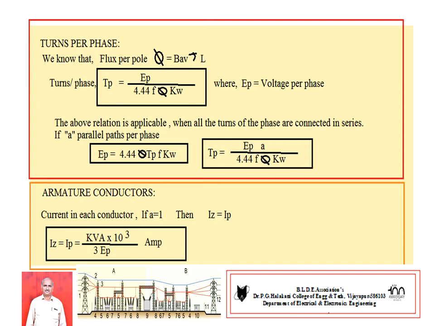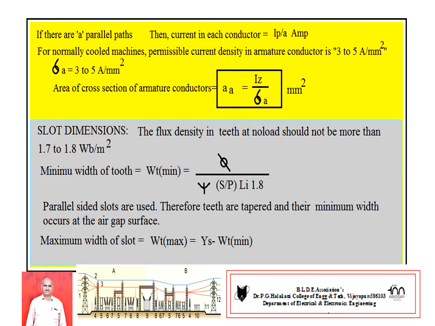Hence we get the phase current. Similarly extend the calculation for number of parallel paths. If the given problem gives a value for the number of parallel paths, then current in each conductor becomes phase current divided by number of parallel paths, IP by A ampere.